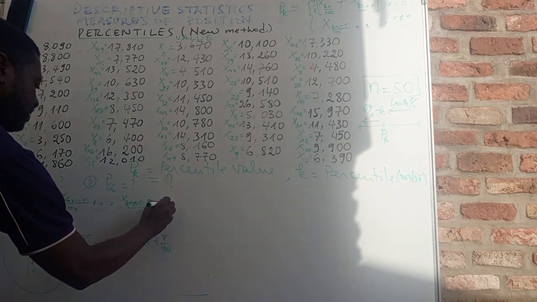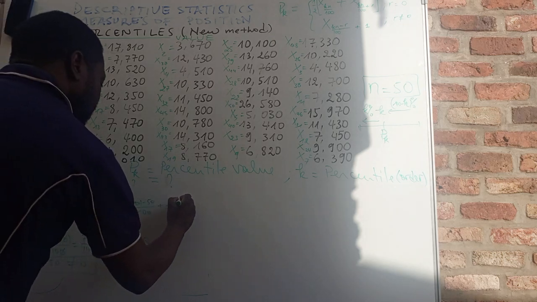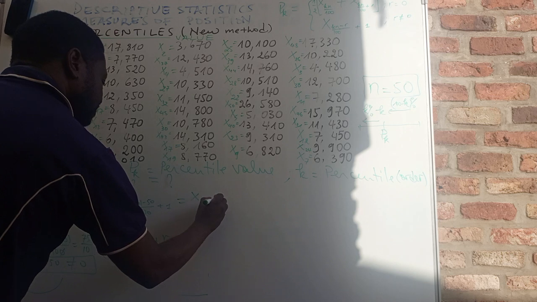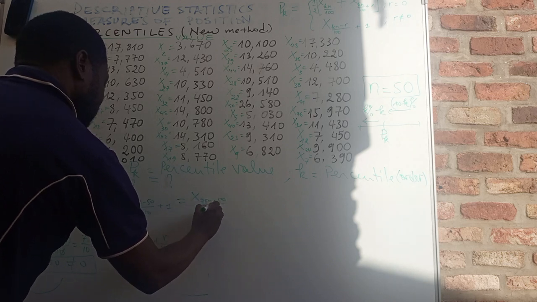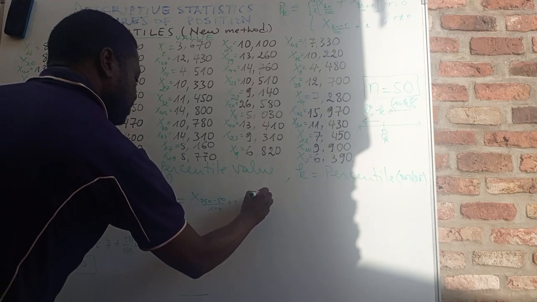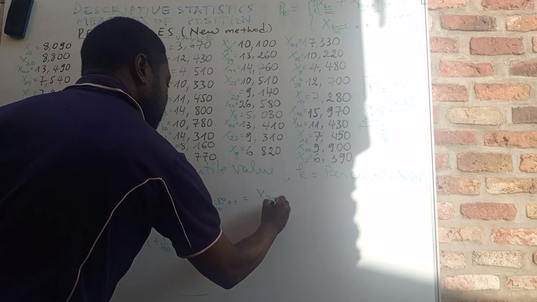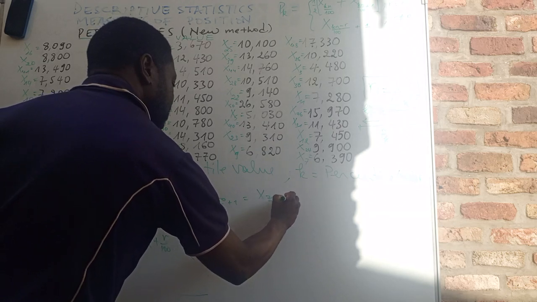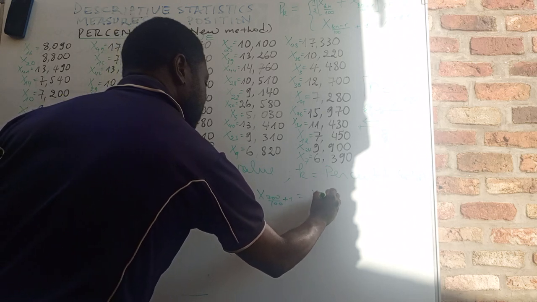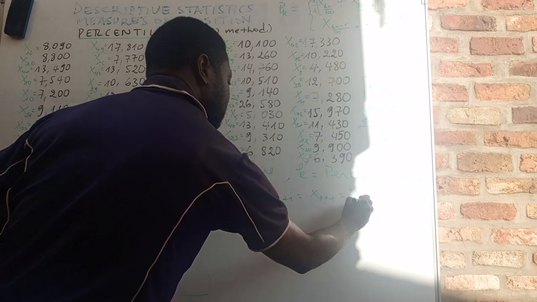Now we have to add 1, and x sub that is equal to x of 750 minus 50 divided by 100 plus 1, which is going to be x of 700 divided by 100 plus 1, equal to x 7 plus 1. This is x sub 8.